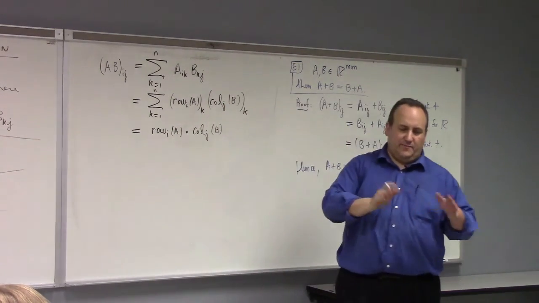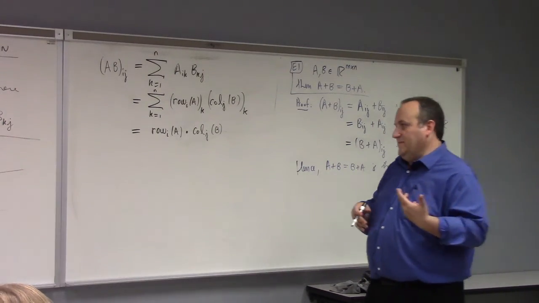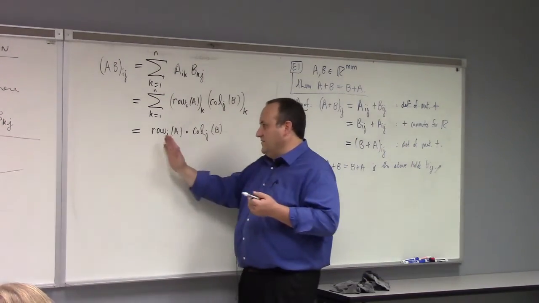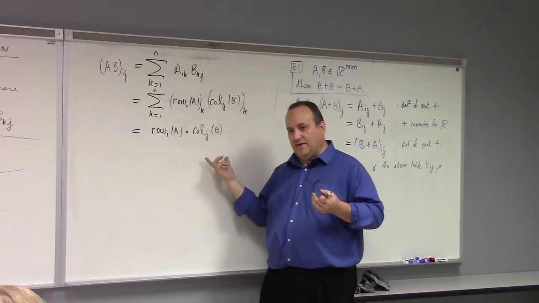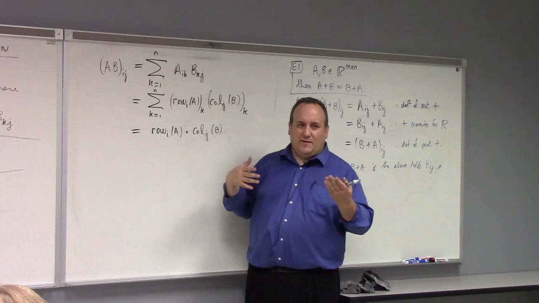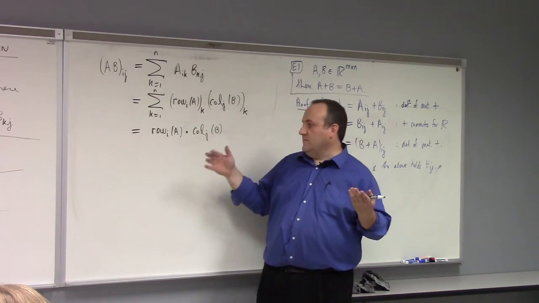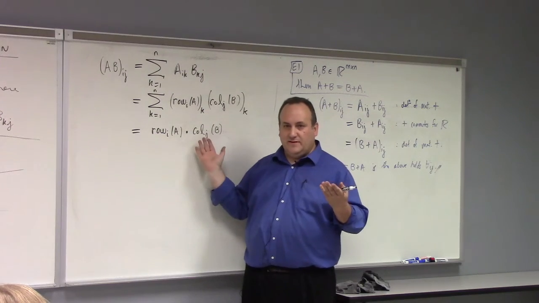Now, admittedly, from some pure perspective, this is a bit off-putting because I'm taking the dot product of different kinds of objects, right? This is a row vector, this is a column vector. Can you take a dot product of a row and a column? Yeah, you can, just with the proper understanding that it just means this, all right? Which we could, of course, write in terms of dot product of column with column, right?